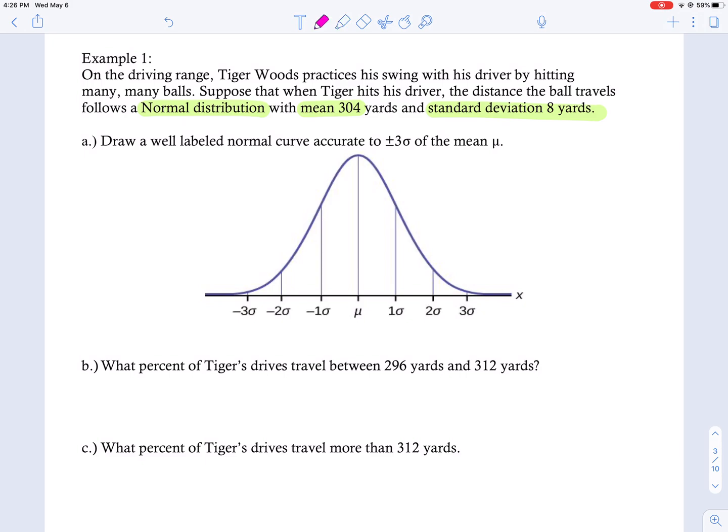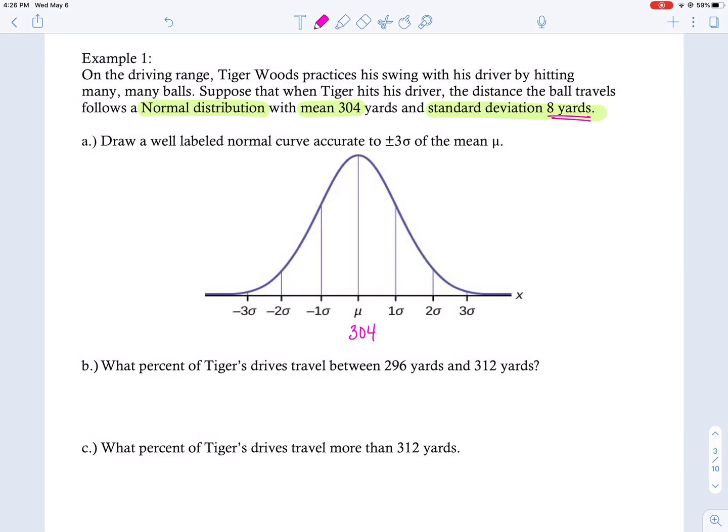Okay, so I want you to understand immediately, if you're drawing this, the first thing you know is that the mean, right in the middle, this is the mean, is 304 yards, okay? And every time you go above or below a standard deviation, you either add your 8 yards or subtract your 8 yards.